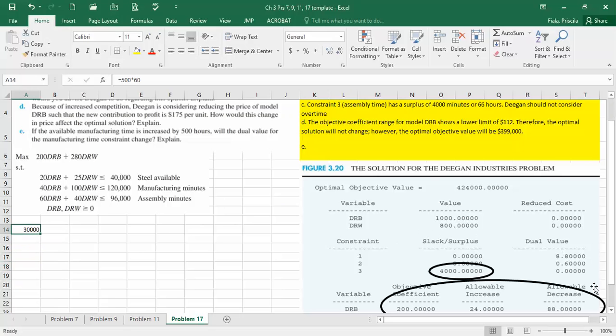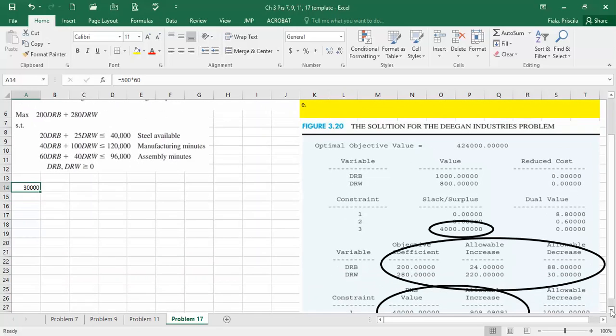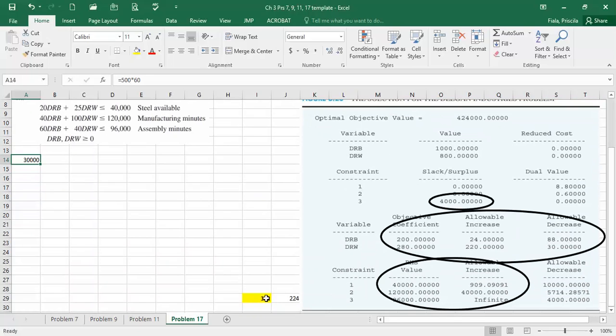Another thing you need to do is define how much you could possibly increase or decrease constraint number 2, correct? So we're talking about this value right here, right?